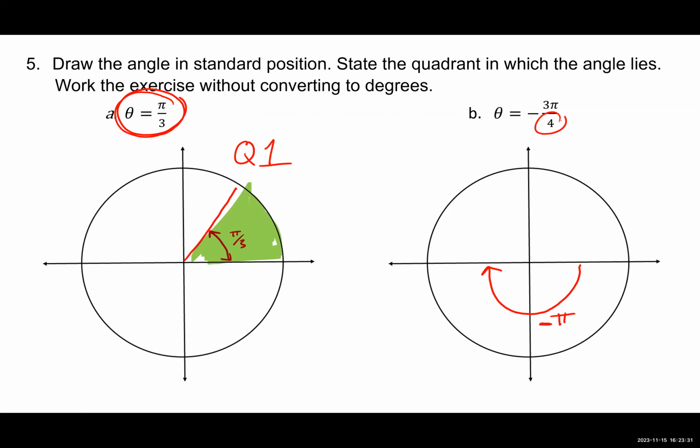But here we're dividing by 4. If you take that negative pi and divide it up 4 ways, this would be -1 pi over 4, this would be -2 pi over 4, and this would be -3 pi over 4.